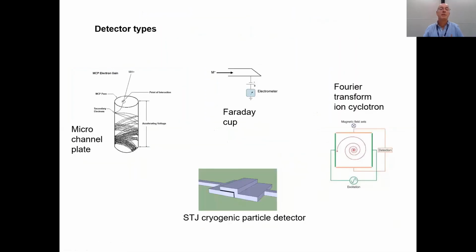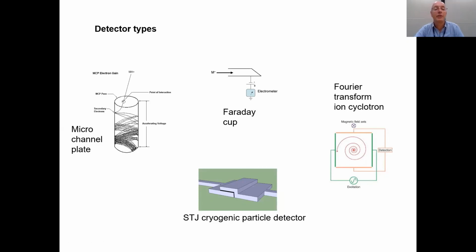Now finally, I just want to say something about detector types. The most common detector type in mass spectrometry is a microchannel plate detector. The way that this works is we have a high voltage applied across here, and as the charged species hits the detector, if it's traveling fast enough, it will strike off a secondary electron. That electron will then strike the plate here and generate more than one secondary electron.